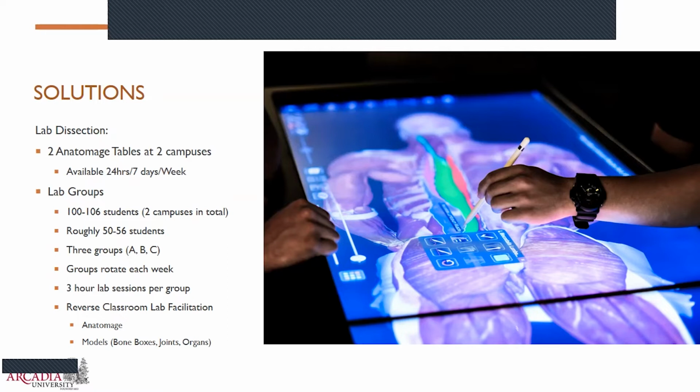And in order to provide some equity within our groups, we didn't always have the A group coming in first thing in the morning and the C group always being the last group in the afternoon. We actually would rotate our A, B, and C groups every week, so that, week 1, it might be A, B, C, but week 2, it was groups B first, then C, then A, and we'd cycle that through over the course of the 12 weeks.